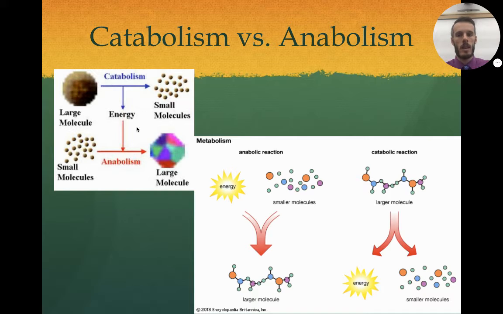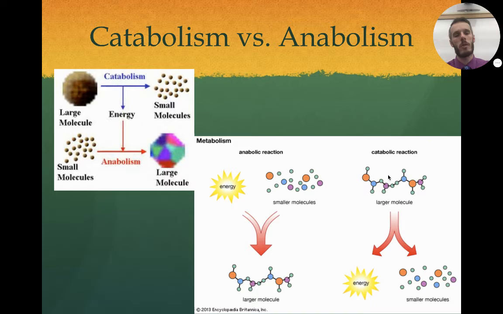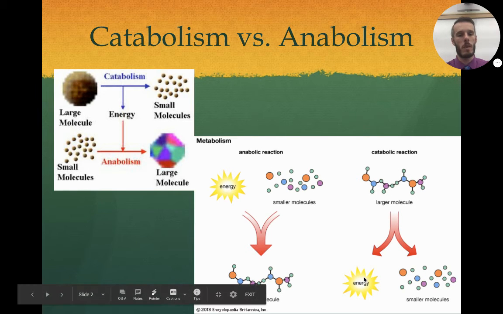Okay, so the thing that we want to note here is the direction of energy. In an anabolic reaction where we're building something up, that requires energy. So energy needs to be put in so that we can form these bonds. In a catabolic reaction, energy is actually going to be released through the breaking of that bond.